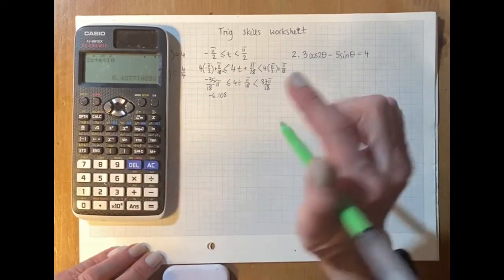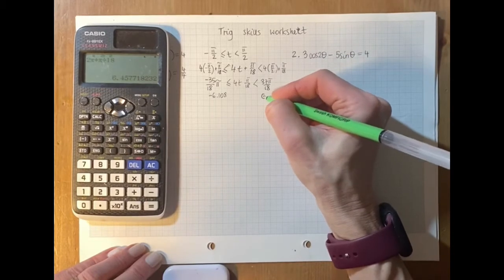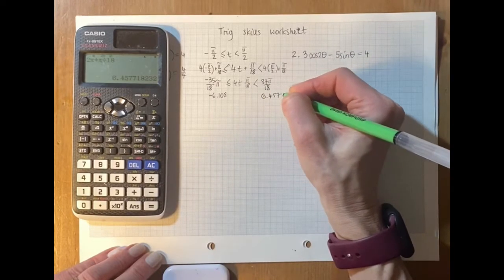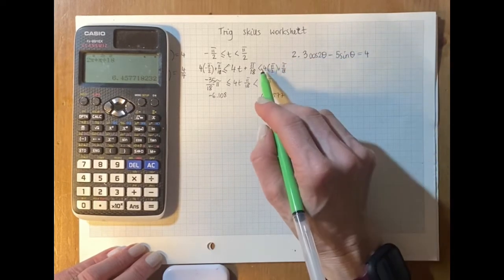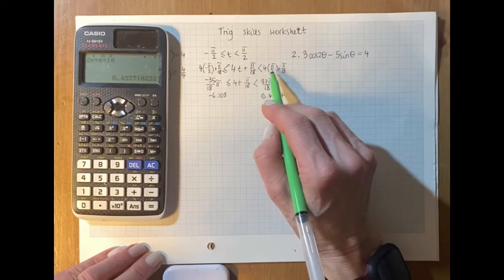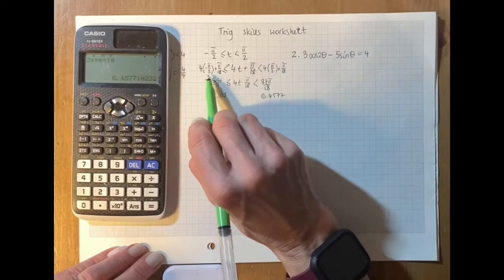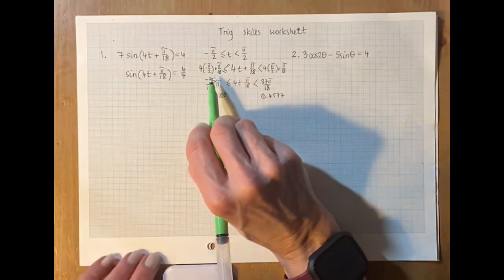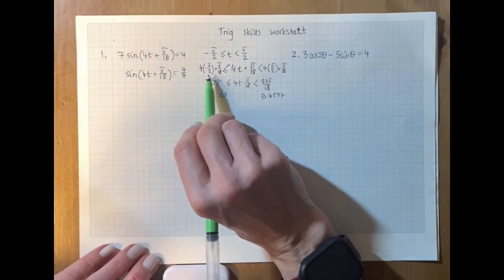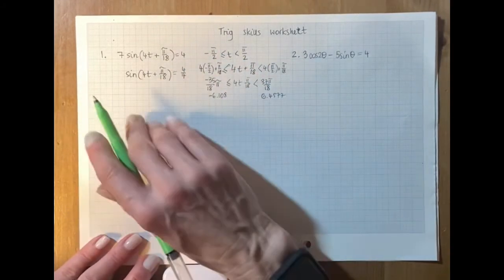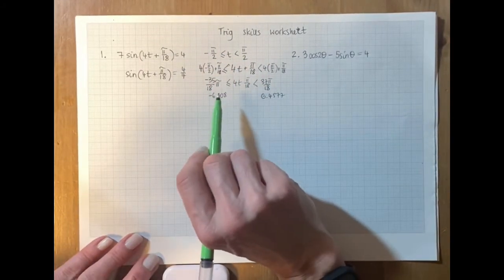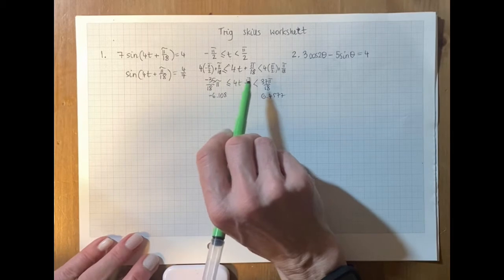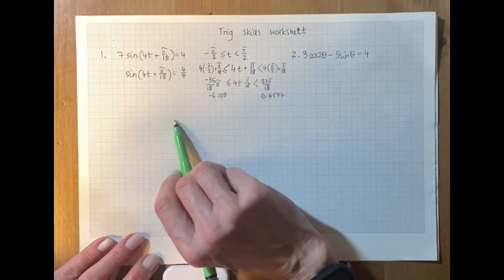That gives me 6.4577. So this is just over 2 pi, so just over 360, and the other is just past minus 360, closer to 0. Okay, I'm expecting 4 solutions because it's been squashed 4 times.